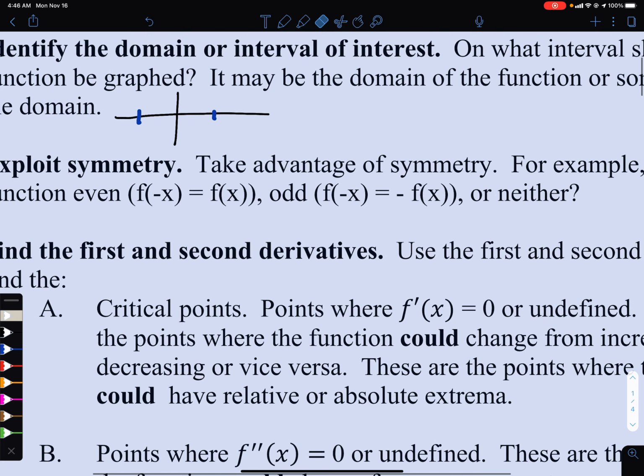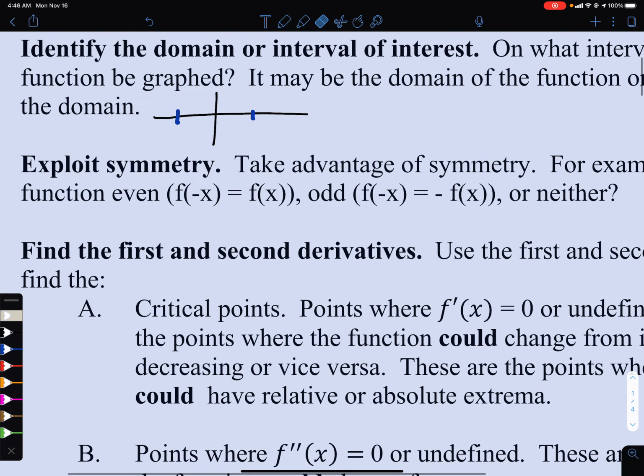So the odd function is very similar. So let's look at minus x. I'll keep these the same, minus x and x. So they're on opposite sides of the y-axis. So say you look at the minus side and you get a y value. So we get a y value that's right there.